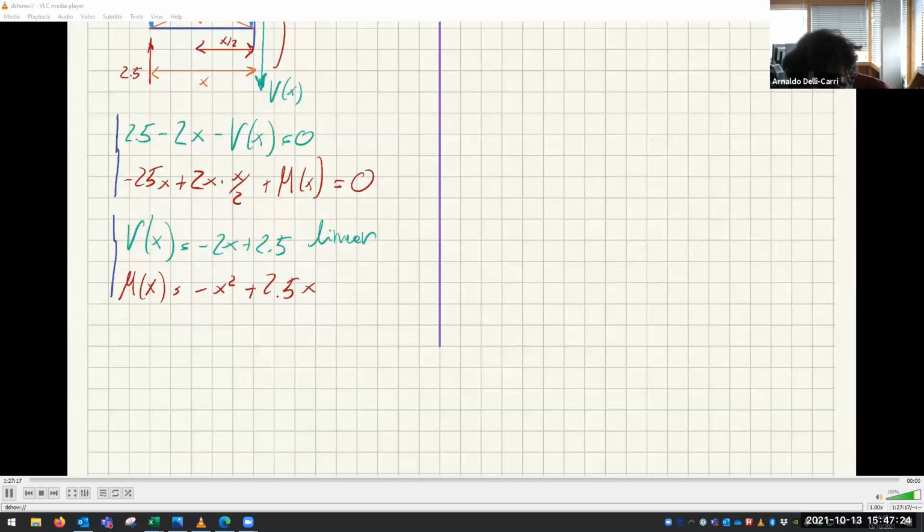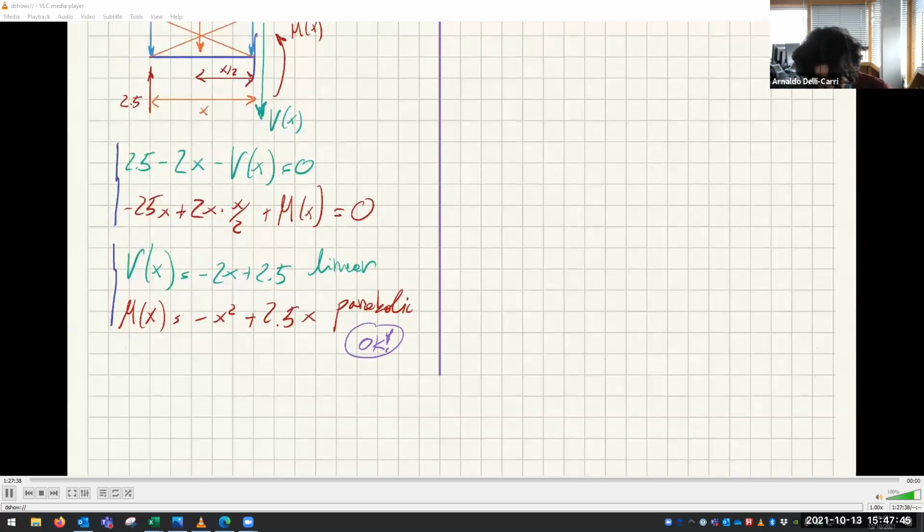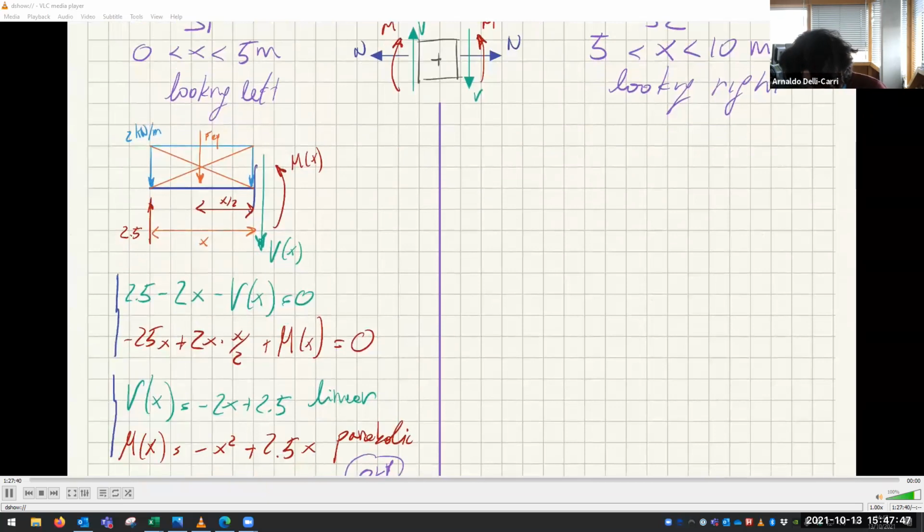This is parabolic. As you can see, derivative of this is this, derivative of this is this. So this checks out. Let me write here, okay, because we checked it out.